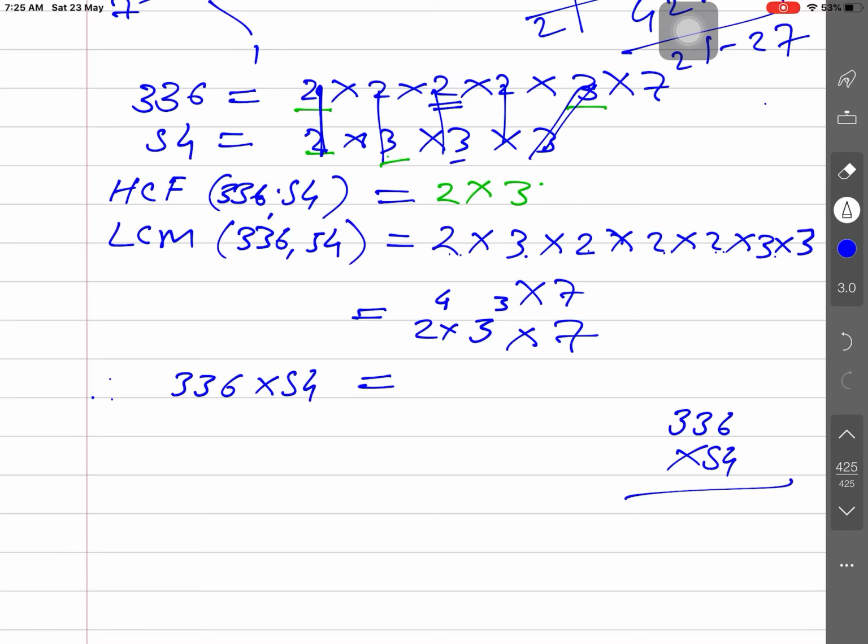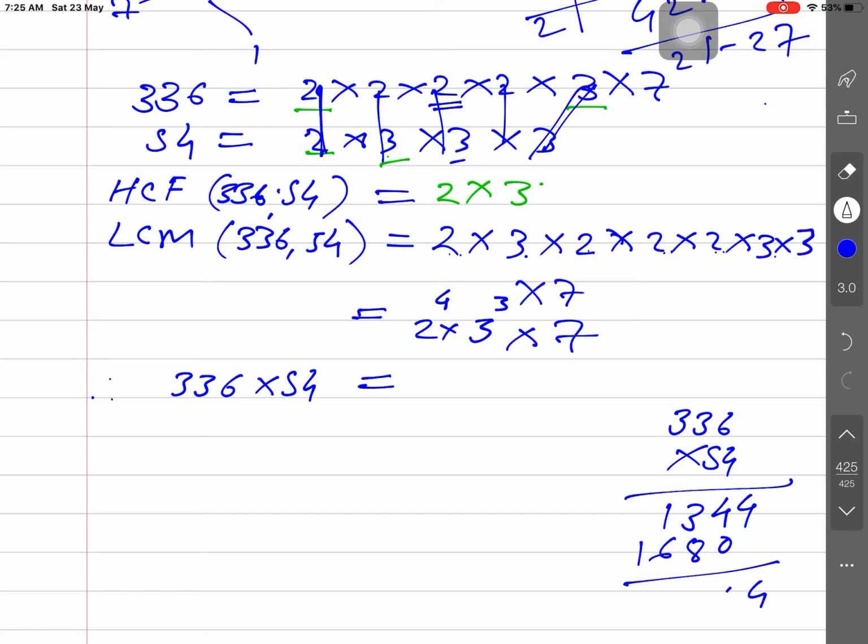Multiplication means 54 is to be multiplied here, 4 6s are 24, 4 3s are 12, and so on. Clear? 5 6s are 30, 5 3s are 15.